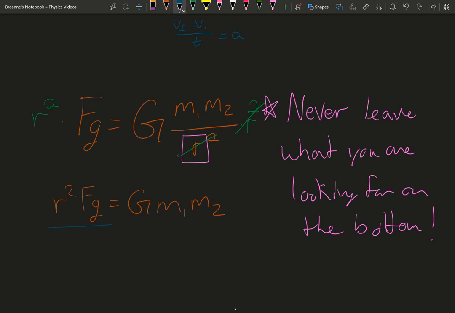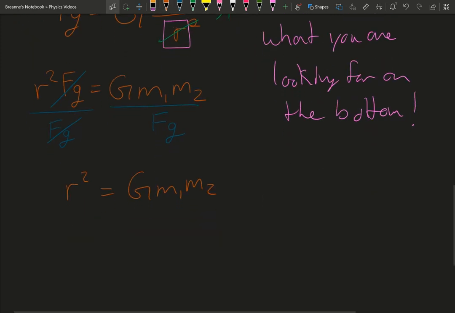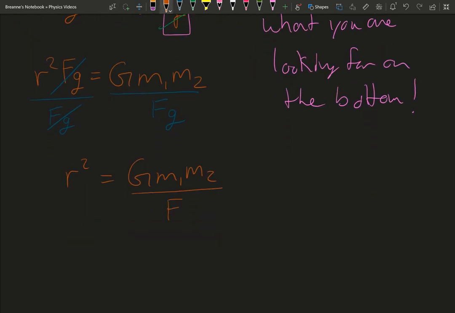So now that's being multiplied. The opposite of multiply is divide. What you do to one side, you got to do the other. That causes that to cancel out. And you have r squared equals G m1 m2 divided by Fg. But we're not done. We just want r. There's still a little pesky squared there.